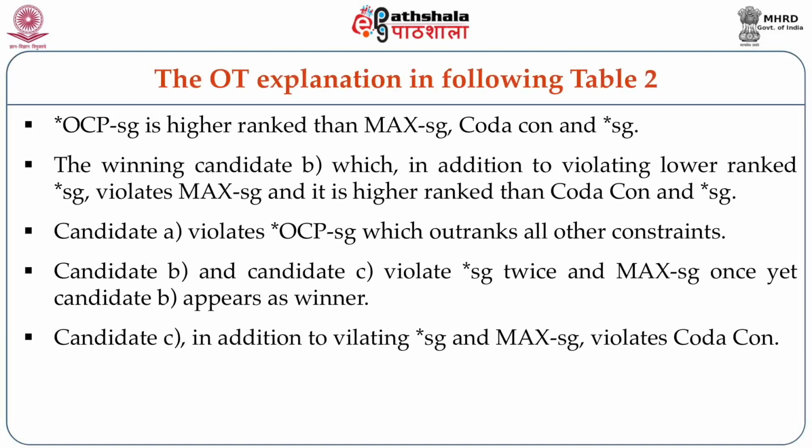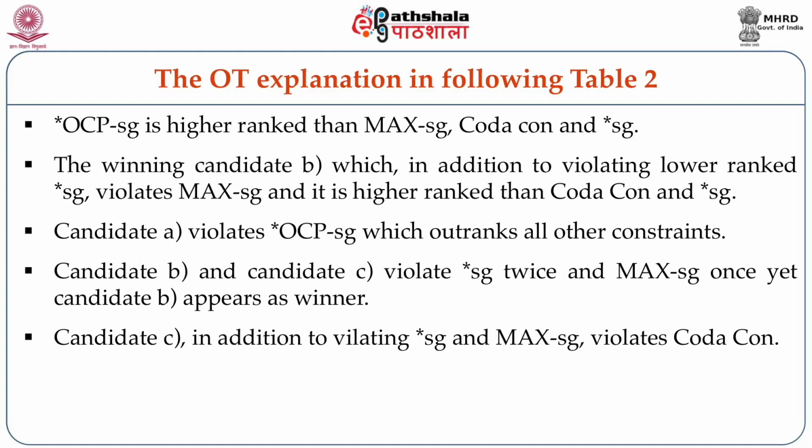If we observe the violations of the constraints by the three candidates, we see which violates fewer constraints. So B and C are close. B violates only max SZ and star SZ, but C, apart from max SZ and star SZ, also violates coda condition. So it loses, and the optimal winner is B.